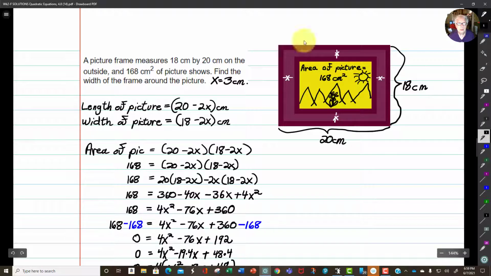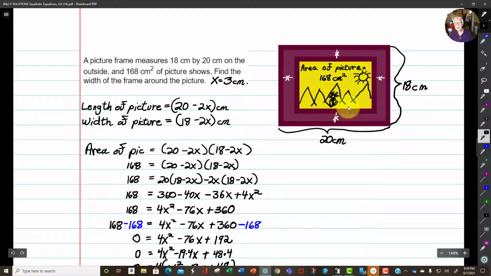All right, they also tell us, the people who wrote the problem, that 168 square centimeters is the area of this lovely picture that I drew of a flower in the mountains with the sun shining. Isn't that lovely? Yes.